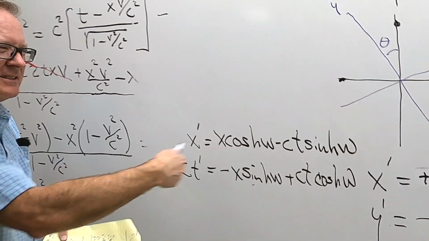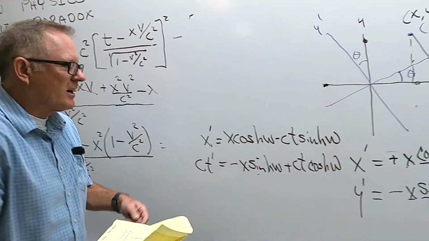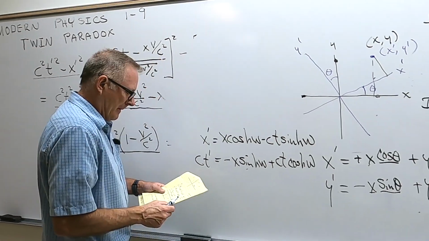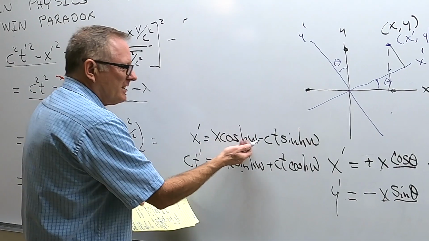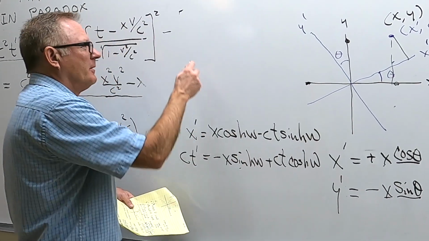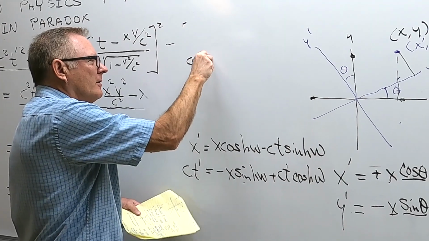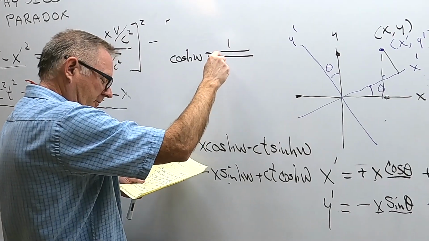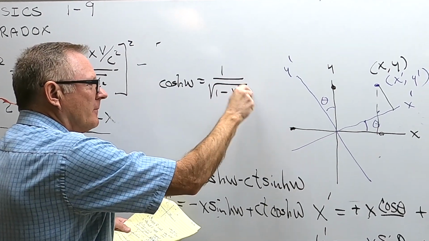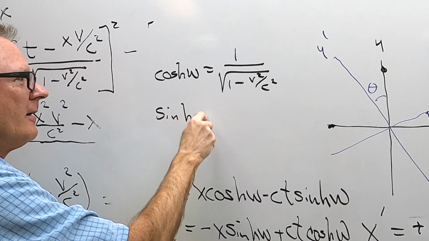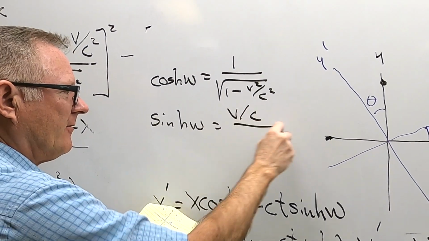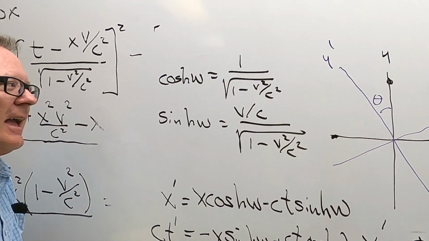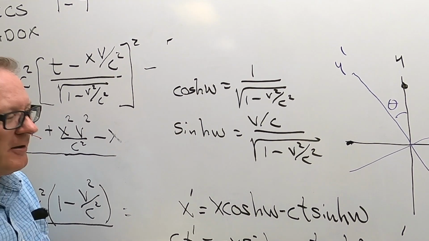So it's very similar to a rotation, but remember, cosh and sinh are really cosines and sines of complex angles right here. And you might say, what is cosh w and what is sinh w? Well, cosh w is just 1 over the square root of 1 minus v squared over c squared. And sinh w is actually just v over c divided by the square root of 1 minus v squared over c squared. And cosh squared w minus sinh squared w better be equal to 1.